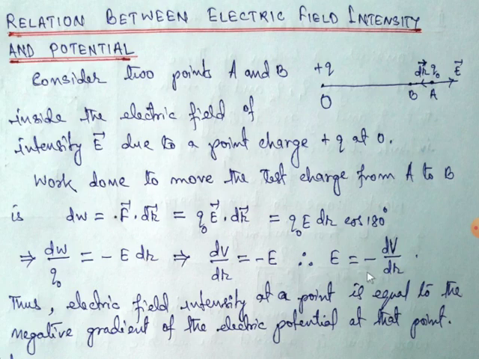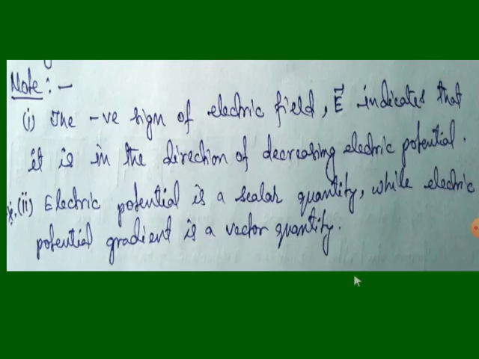This negative sign represents nothing but that your electric field E is in the direction of the decrease in the electric potential.